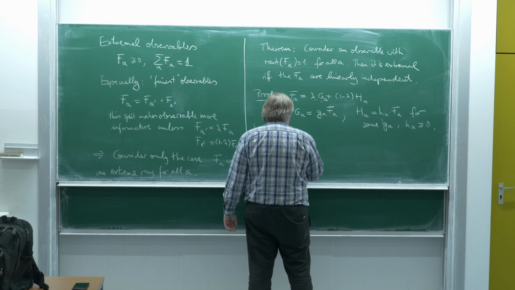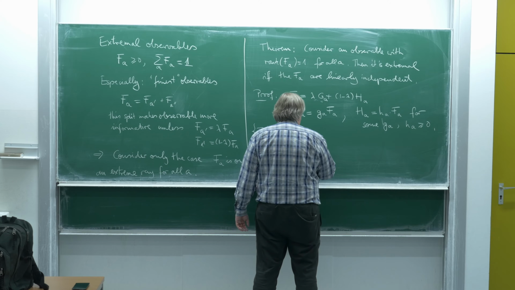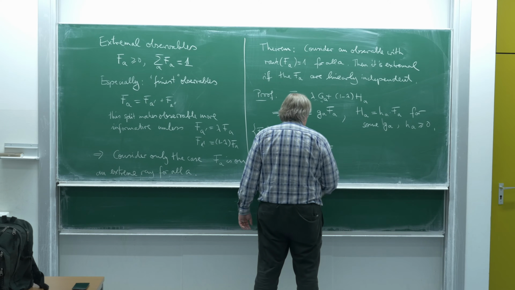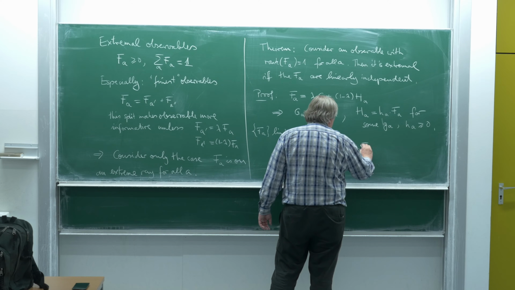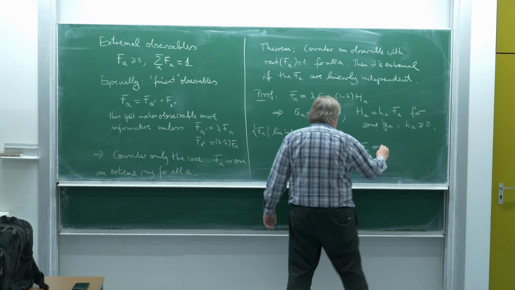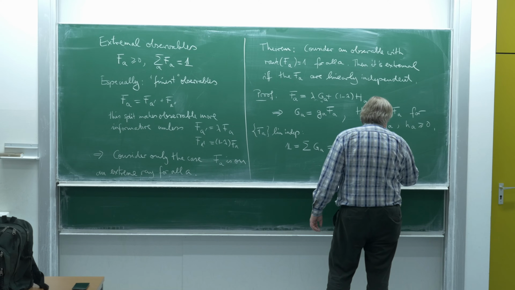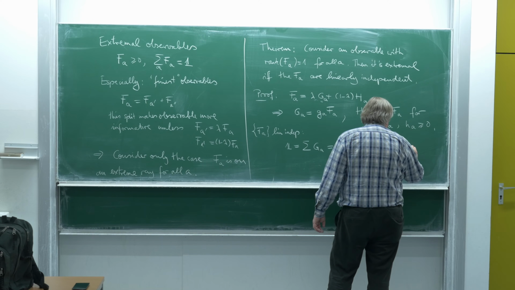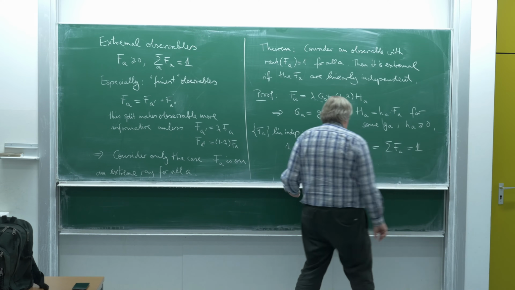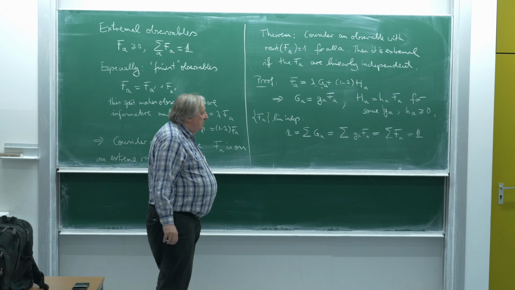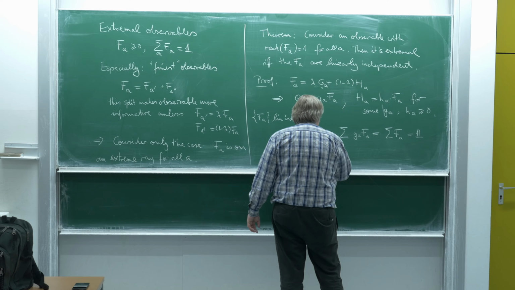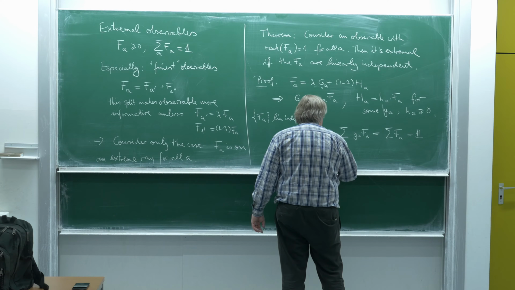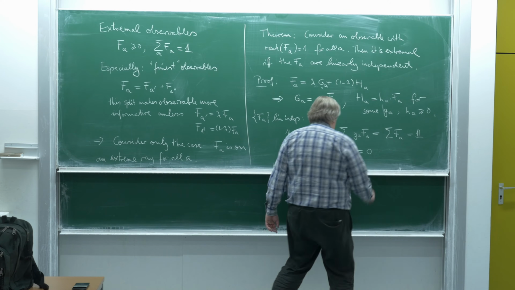We know that the 1 is the sum of the GA, which is the sum of GA times FA, which is also the normalization sum of F. So putting these two equations together, we get that the sum of (GA minus 1) FA is 0.